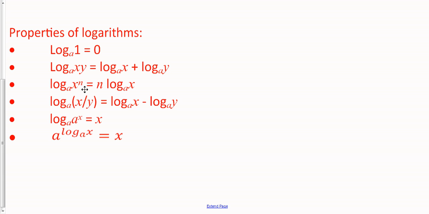You can only do this when that exponent's on the variable after the log. Or on this one here, when you have the log of two things divided, well, you go log of the top minus log of the bottom. And here, your log base a of a, they cancel out, leaving you with the x. Same idea here, your a raised to the power of log base a of x. The logs and the base a's cancel out, leaving you with x.